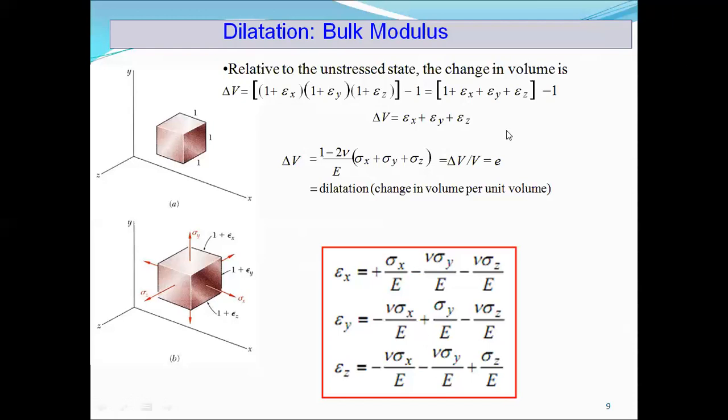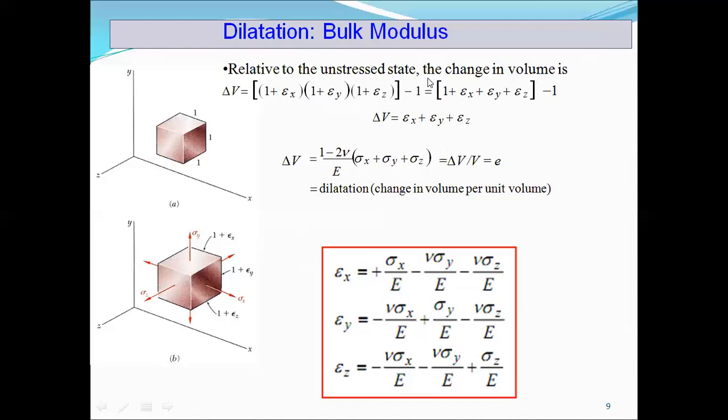After doing that approximation, what would be our multiplication of all these three quantities? It would be 1 plus epsilon x plus epsilon y plus epsilon z. You could do this multiplication and you would get higher order terms. You could ignore those higher order terms, and at the end you would get this quantity.